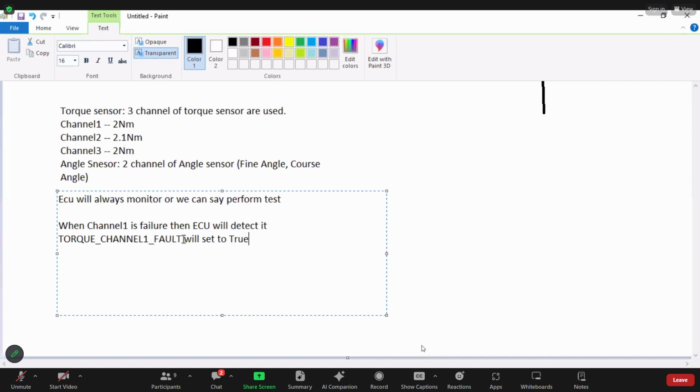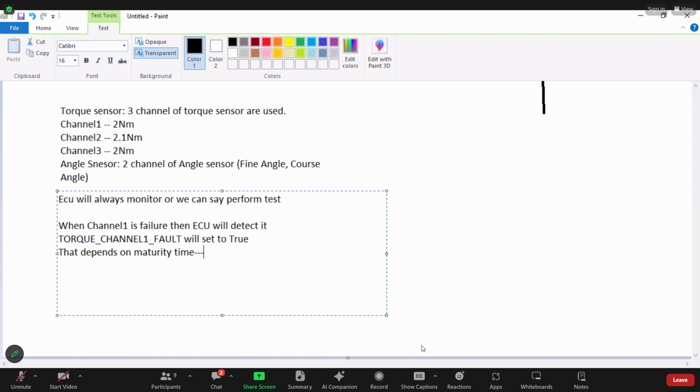So that depends on maturity time. What do you mean by maturity time? The time taken by a fault to confirm whether that fault is there or not.